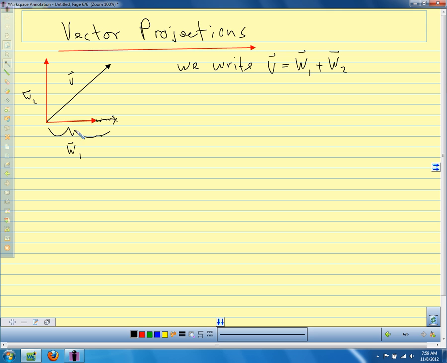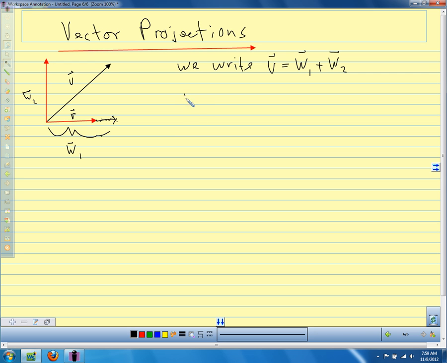So we want to figure out these components that add up to the vector U. And this is vector U, the red vector down here is vector V. So we want these components in the direction of vector V. W1 is in the direction of vector V, and W2 is orthogonal to vector V. So we want the components of U that are parallel to vector V and that are normal to vector V.